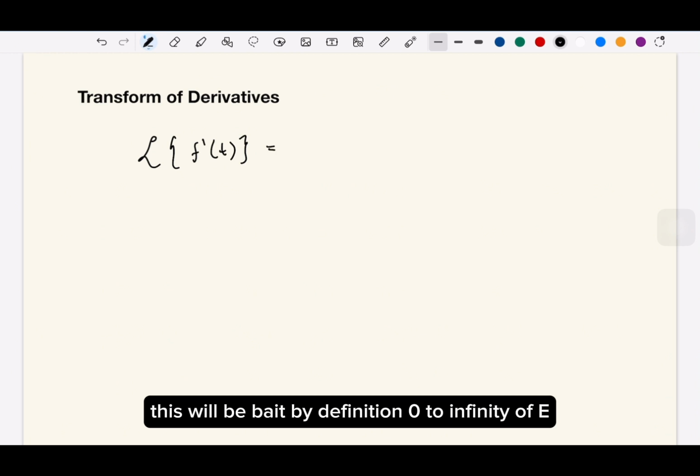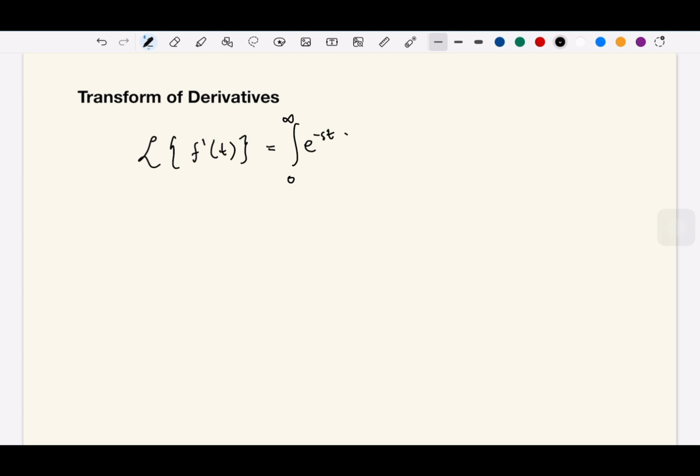This will be, by definition, the integral from 0 to infinity of e to the negative st times f prime t dt.